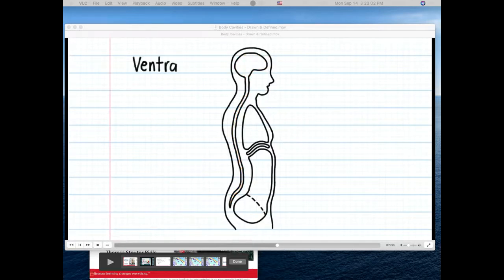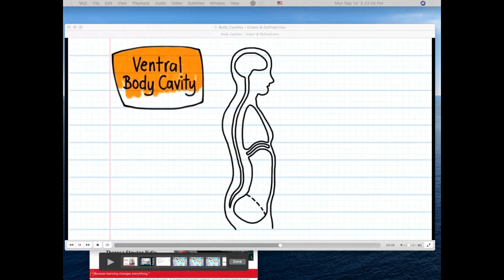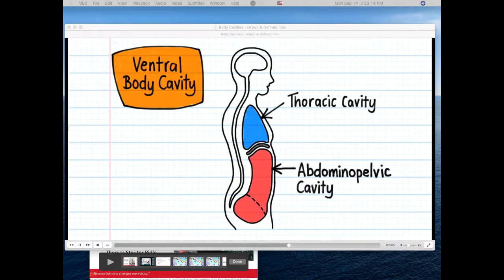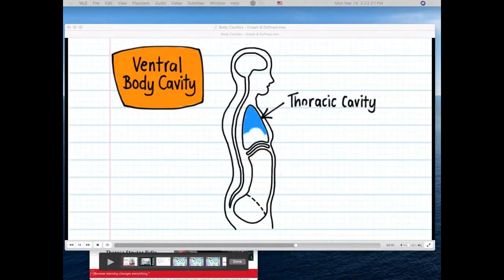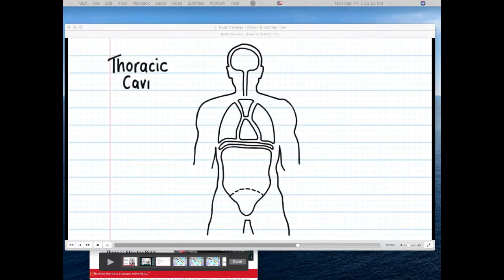Next is the ventral body cavity. It can be subdivided into 2 parts, the superior thoracic cavity and the inferior abdominopelvic cavity, which is separated by a flat muscular sheath called the diaphragm.